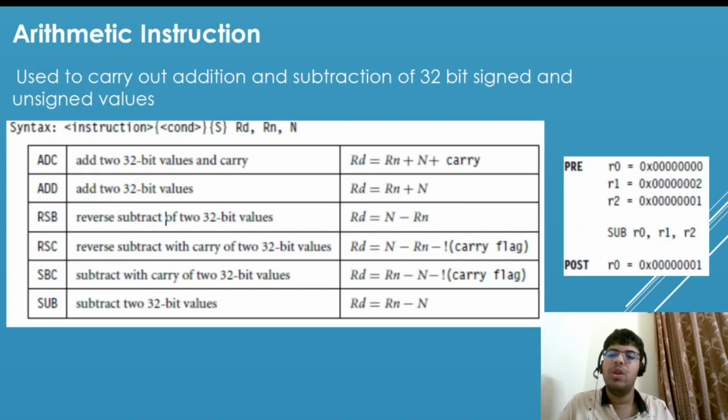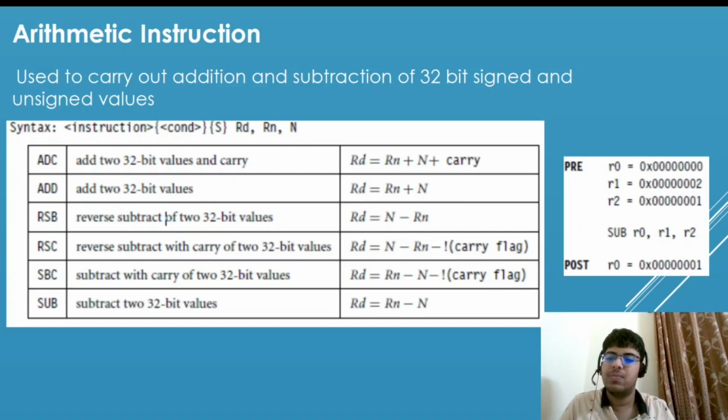But when you use a C after the ADD or SUB, like SBC or ADC, you mean it to add the values and have a carry. Like sometimes there is a small carry left over, right? So it carries that value.